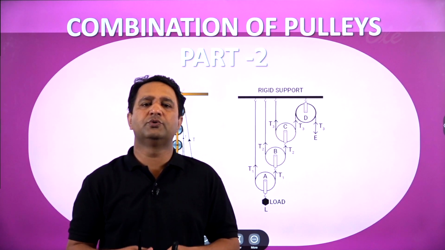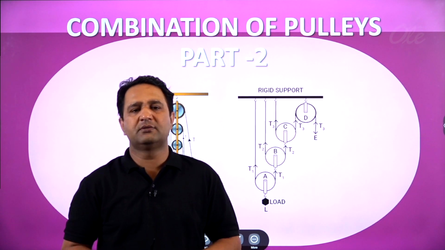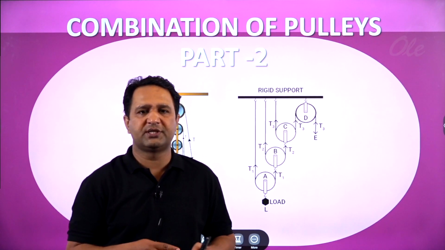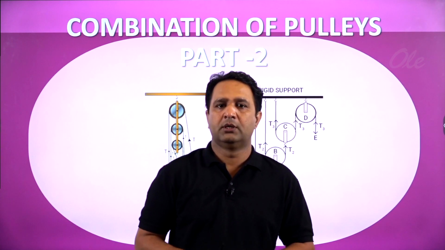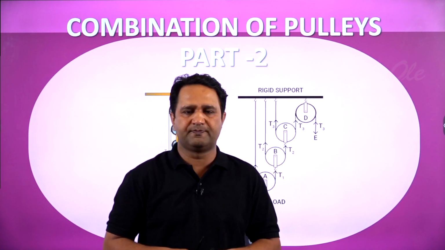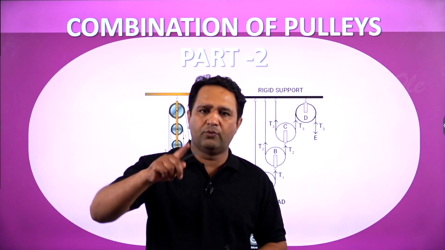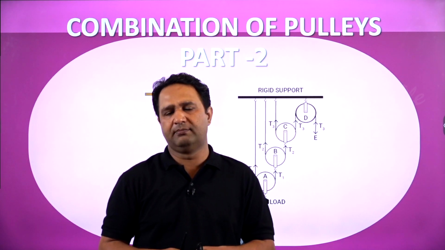Hence, we are going to use multiple movable pulleys to uplift any heavy load. So, in this session, we will discuss the combination of pulleys. The combination of pulleys can be done in 2 ways. In the first one, we fix one pulley and the other pulleys are movable.